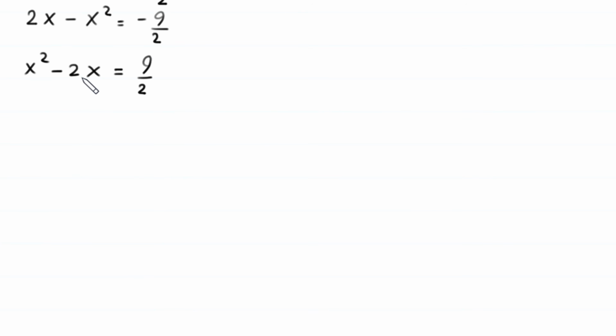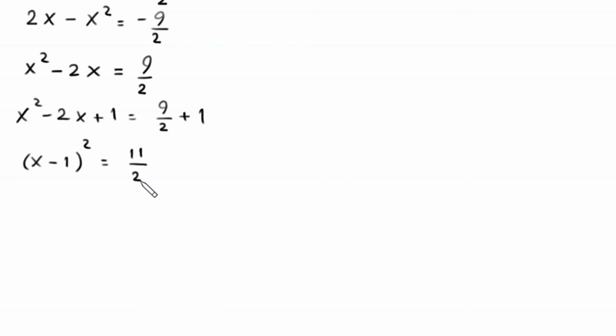Now we can solve this equation by completing the square. We add 1 to both sides. This will become x squared minus 2x plus 1 on the left hand side equal to 9 over 2 plus 1 on the right hand side. This is a perfect square. This will become (x minus 1) whole squared equal to 9 over 2 plus 1, which is 11 over 2, and we take square root of both sides.